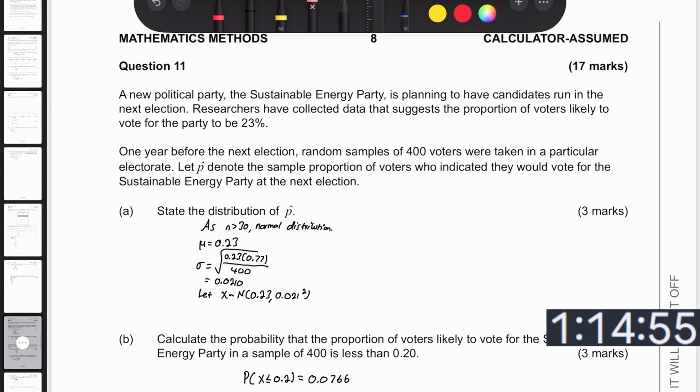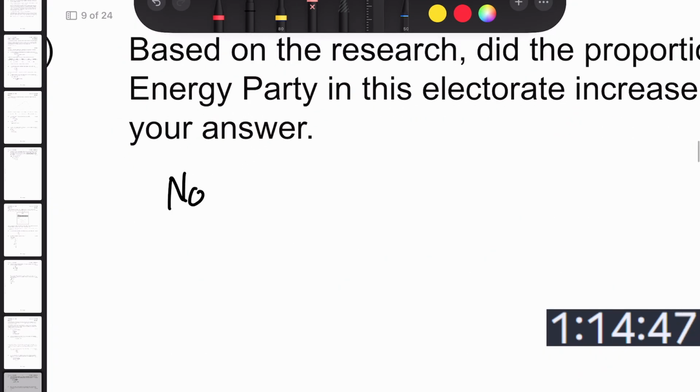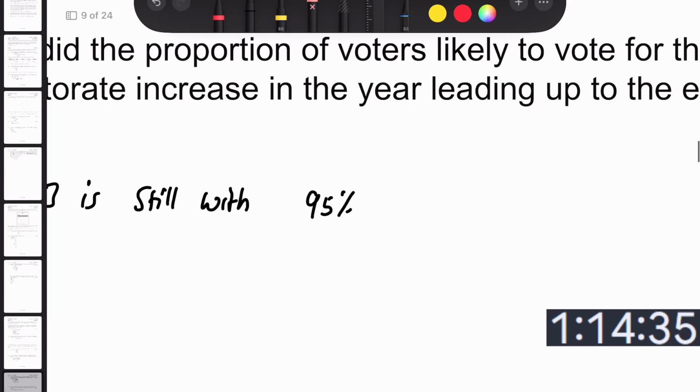I'm going to say no, because 0.23 is still within the 95% confidence interval. So no, as originally, 0.23 is still within the 95% confidence interval.